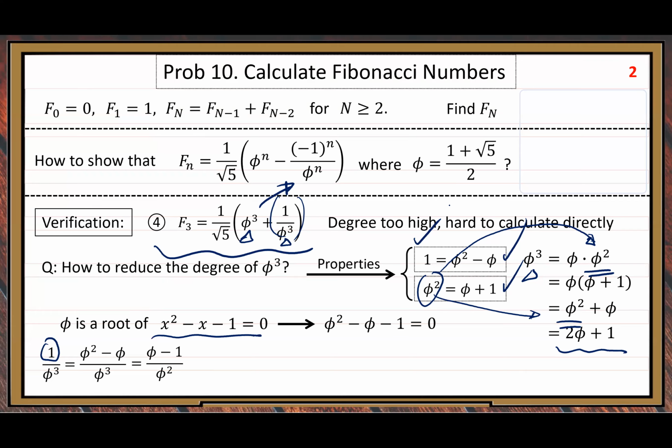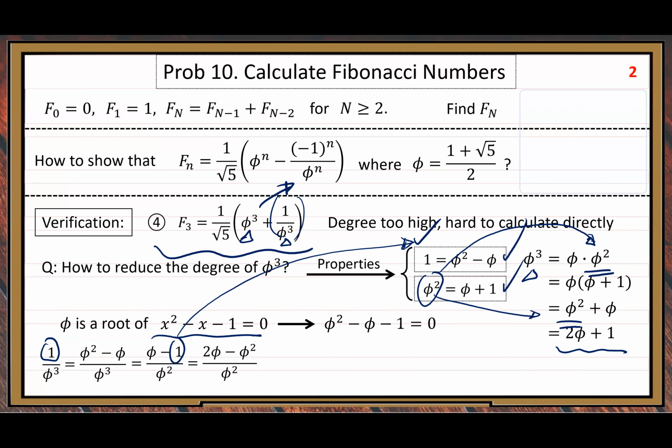Do further simplification. Here you see another 1, in phi minus 1. So you can apply the first property another time. Replace this 1 by another copy of phi squared minus phi. After combining the terms, you have 2 phi minus phi squared, then the numerator and denominator have a common factor again.